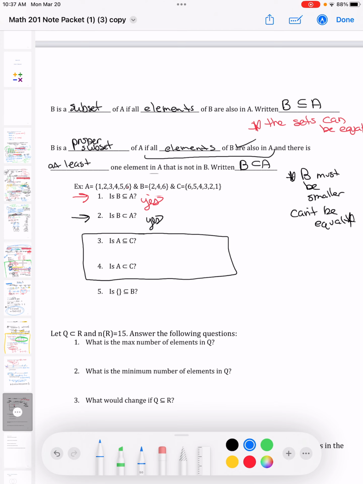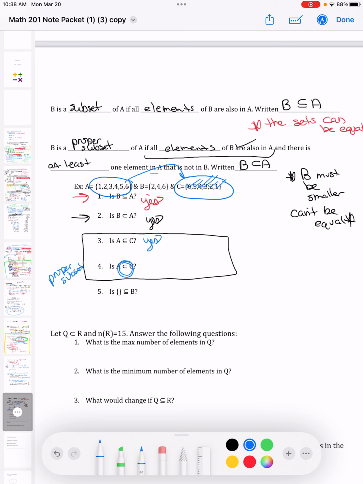Let's see how you did on 3 and 4. We want to know, is A a subset of C? So are all the elements in A also in C? Let's see. 1, 2, 3, 4, 5, 6. Yep. Everything that's supposed to be there is there. Now, 4 wants to know if it's a proper subset. Notice it does not have the equal sign underneath it.